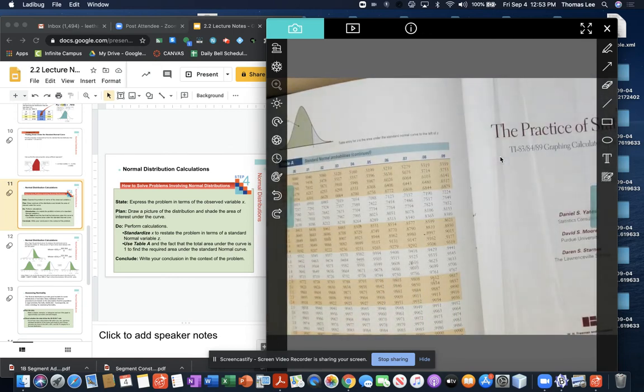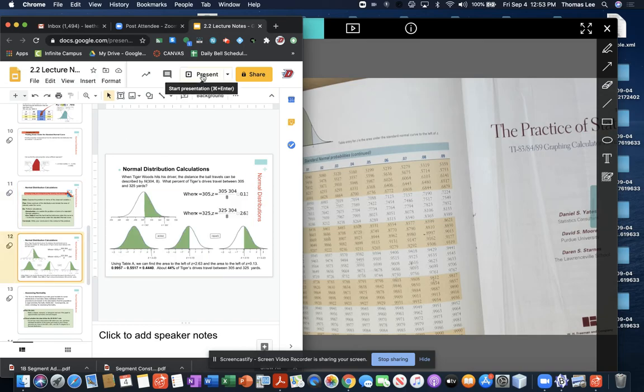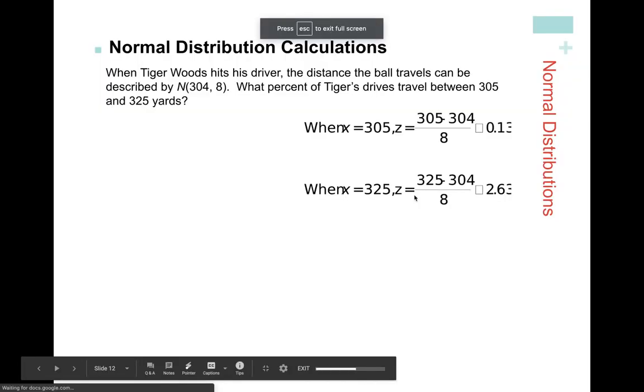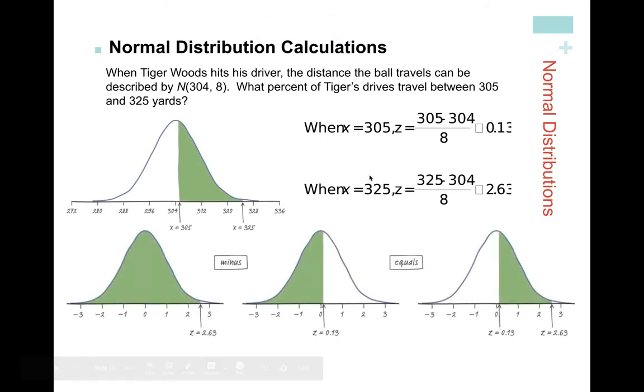That's a bit of a thinking problem for you. Let's say Tiger Woods hits his driver, and it follows a normal distribution with the following parameters, 304, 8. What percent of Tiger's drives travel between 305 and 325? So now you have an interval.